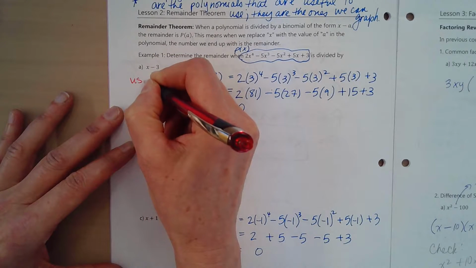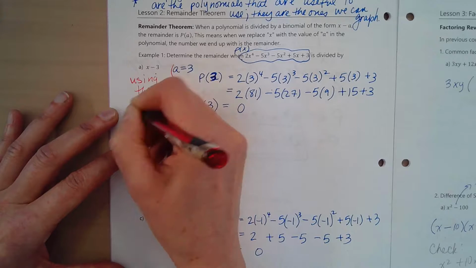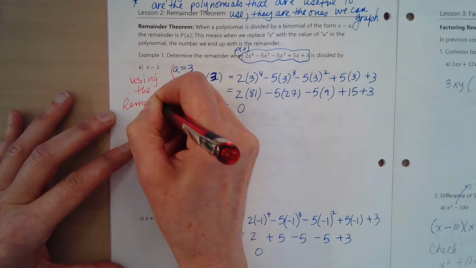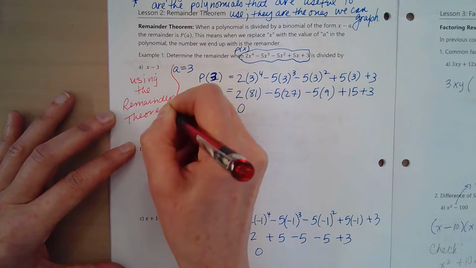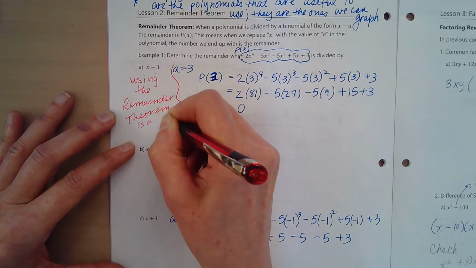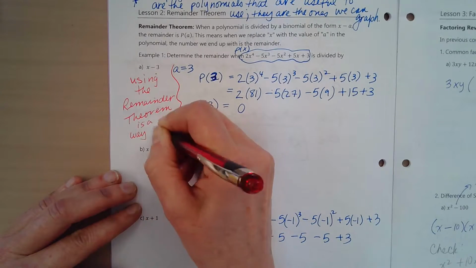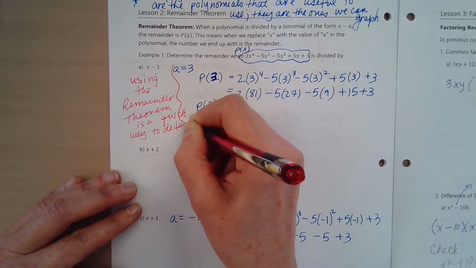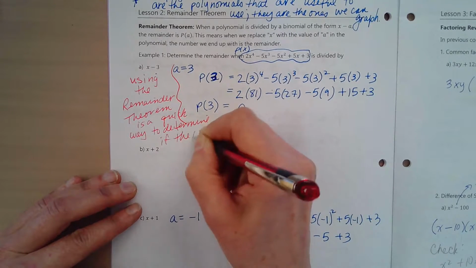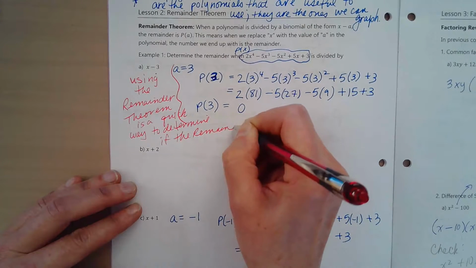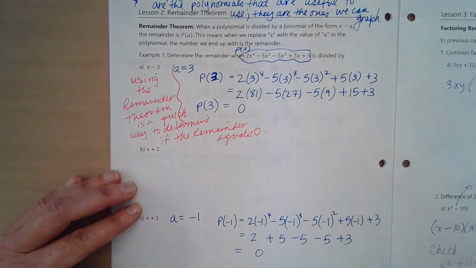Using the remainder theorem is a quick way to determine if the remainder equals 0, which is what we want, right?